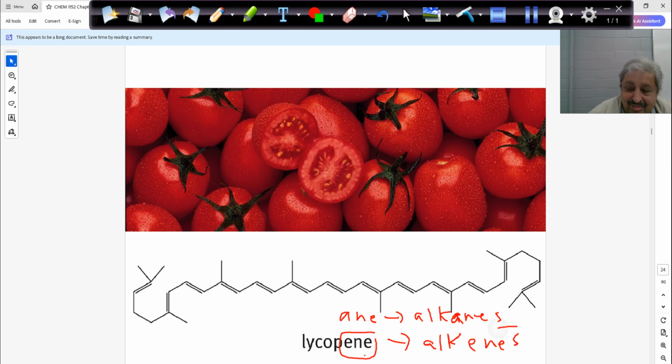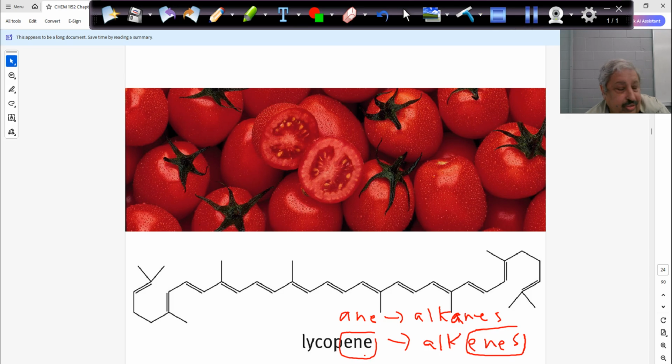Okay, guys? So this is alkenes, and plenty of them. You can count, I think it's about 13, 14, something like this. You can count those and see how much they are. So that's in the tomato, that's a hydrocarbon with a double bond.